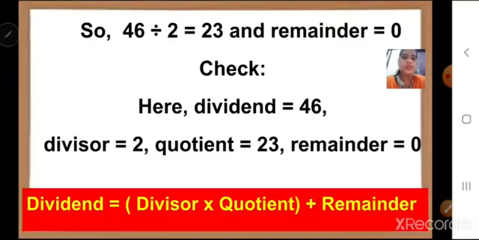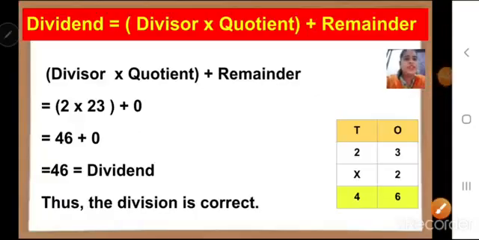Dividend is equal to divisor into quotient plus remainder. After that children, we are going to solve. After the formula, you can write directly divisor into quotient plus remainder.